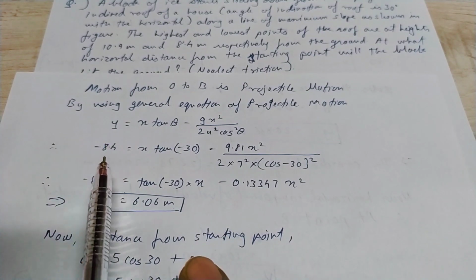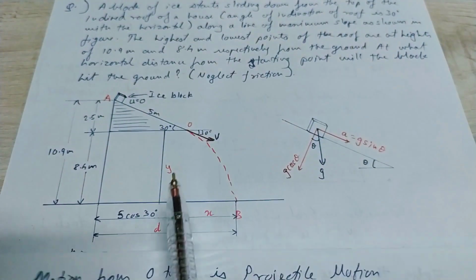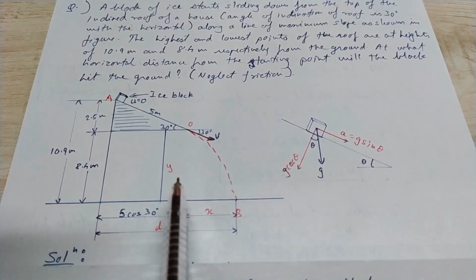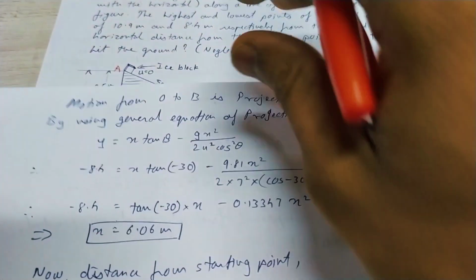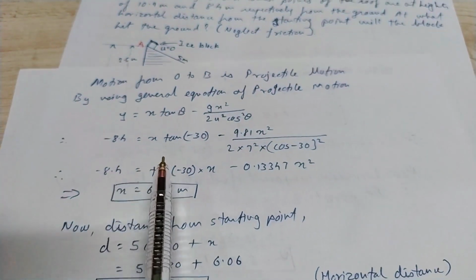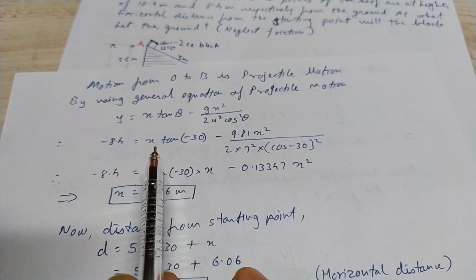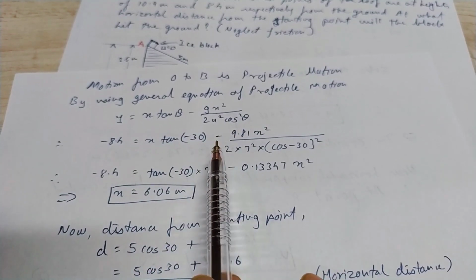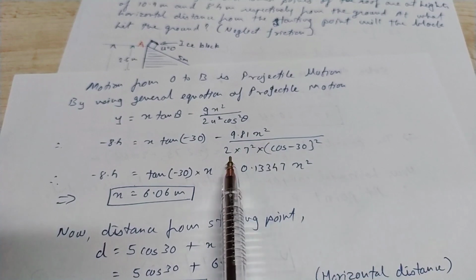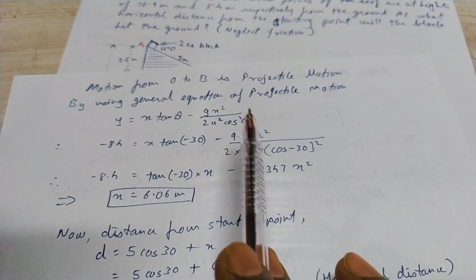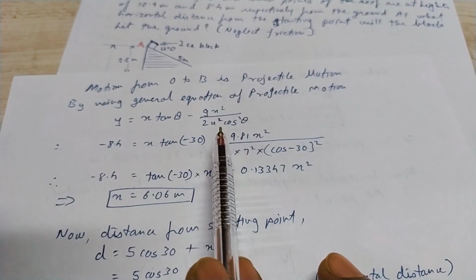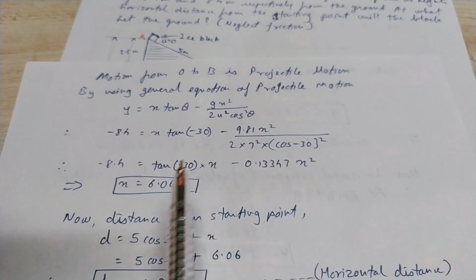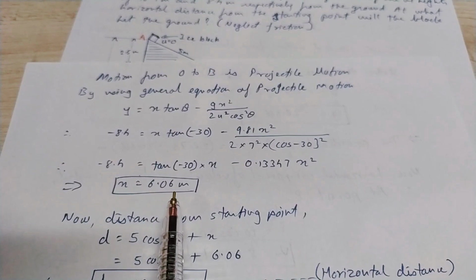Now y is minus 8.4, the vertical distance we found, since this is the reference point and the distance going down is taken as minus. x is what we have to find. Theta is minus 30 because it is an angle of depression. So minus 8.4 equals x tan(minus 30) minus 9.81 x squared upon 2 u squared, where u is the value we just got, 7, times cos of minus 30, the whole squared. This equation will give you the value of x, that is 6.06 meters.